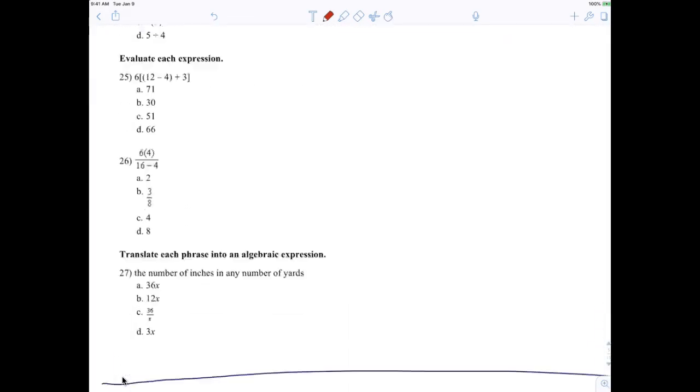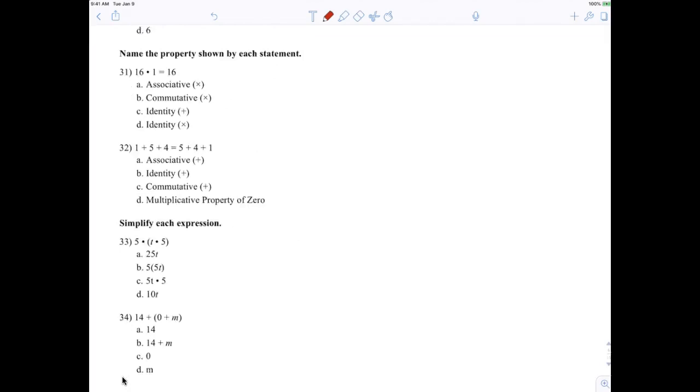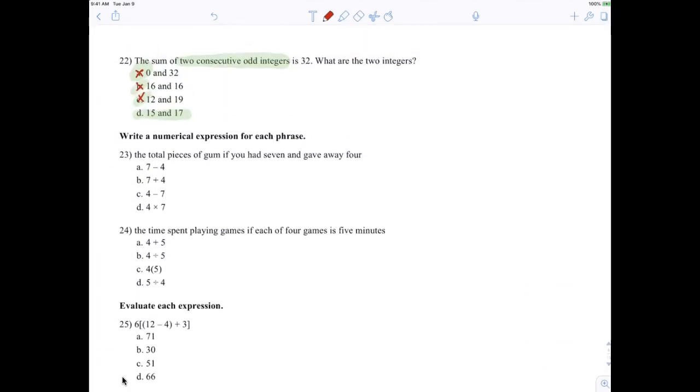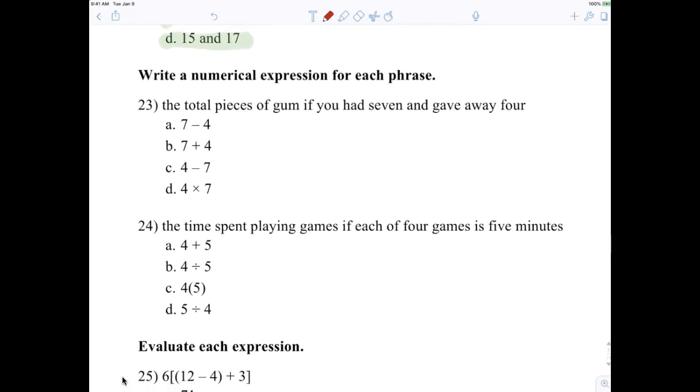Now, let me see something here. I asked you to get to 27, so I think that's good. So the total pieces of gum, if you have 7 and gave away 4, so what is that? 7 minus 4. Good. A. Easy.